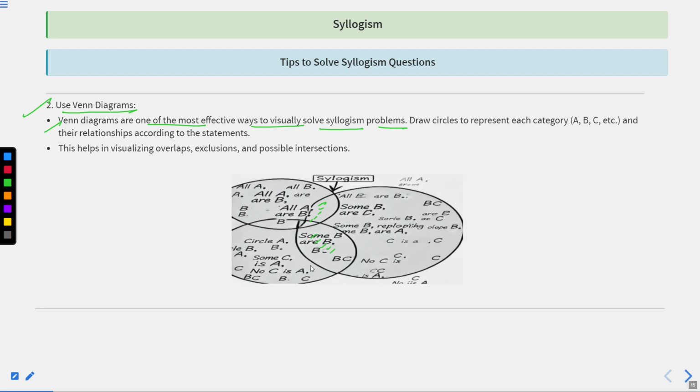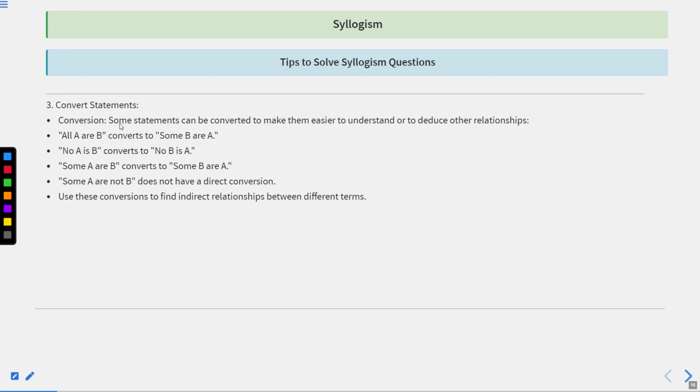Let's consider that these two circles, this is going to be A and this is going to be B, then some A are B. So this is the representation of some A are B. The visual representation assists us in quickly identifying what the relation between the subject and the predicate mentioned in the statements will be. That is why the Venn diagram takes a very important role whenever we are solving syllogism.